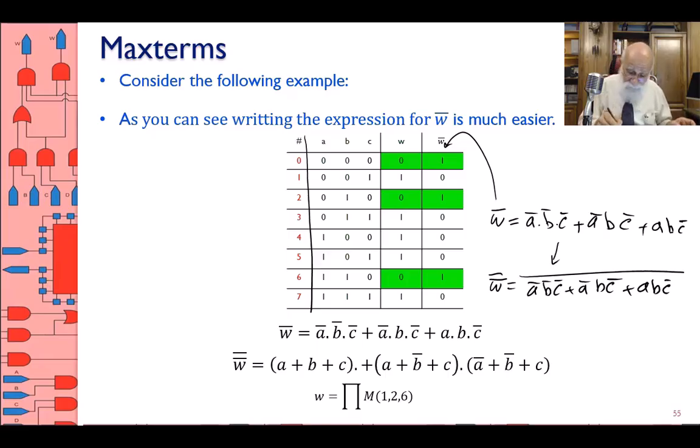De Morgan says break the top bar, change the operation to its opposite operation. So or changes to and. So what I come up with is A bar, B bar, C bar bar, ended with A bar, B, C bar bar, ended with A, B, C bar bar.